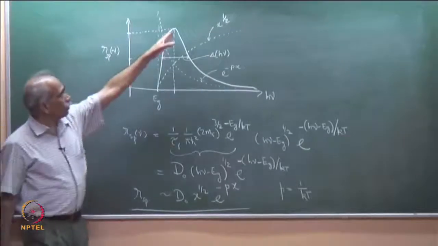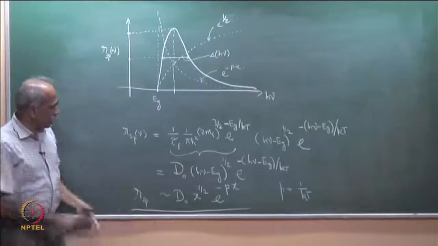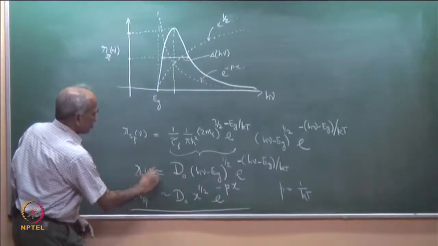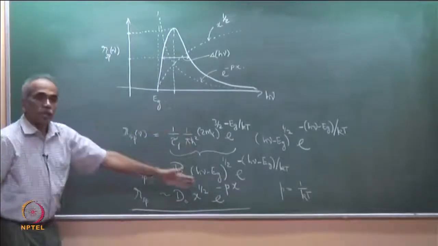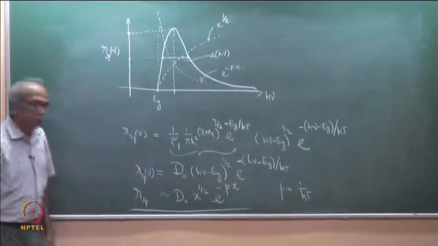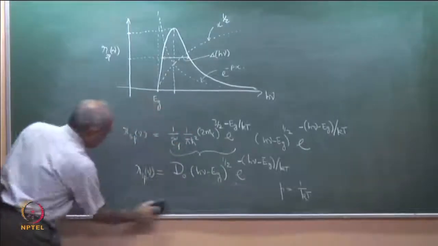How do we find out where the maximum occurs? We have an expression here for R S P of nu equal to D 0, it does not have nu, into h nu minus E g to the power half into this. We want to find out the maxima. How to find out the maxima?